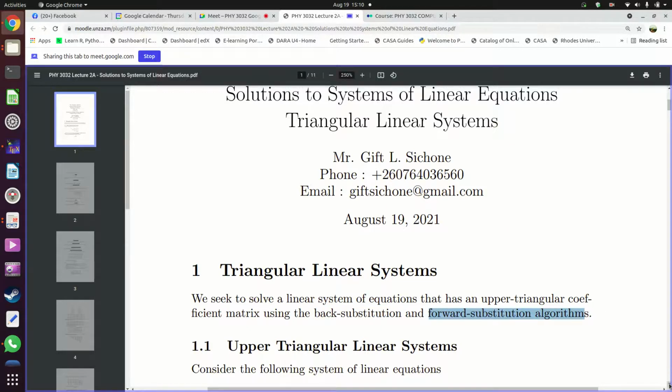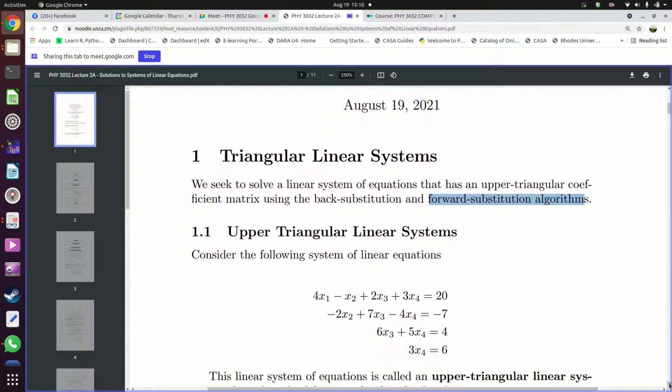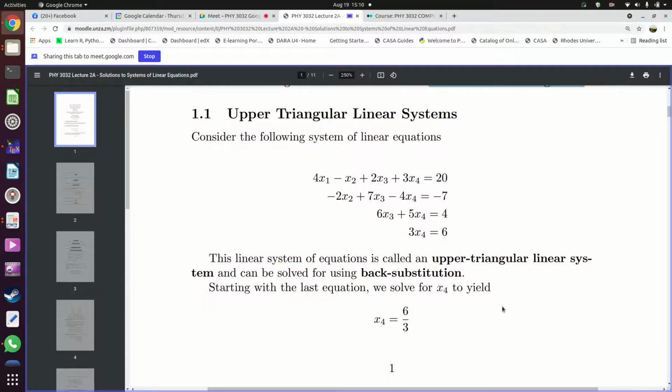So for an upper triangular system, it usually has this kind of form. So for example, we have this equation which we have here: 4x1 minus x2 plus 2x3 plus 3x4 equals 20, minus 2x2 plus 7x3 minus 4x4 equals minus 7, 6x3 plus 5x4 equals 4, 3x4 equals 6.